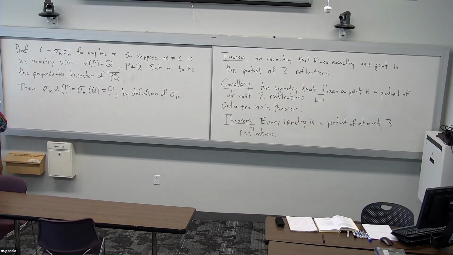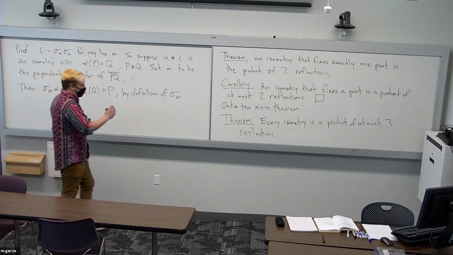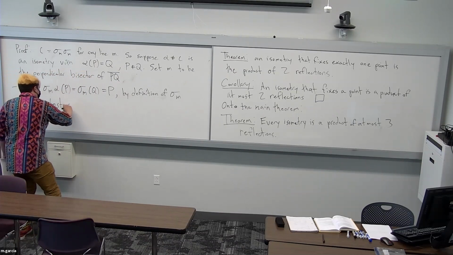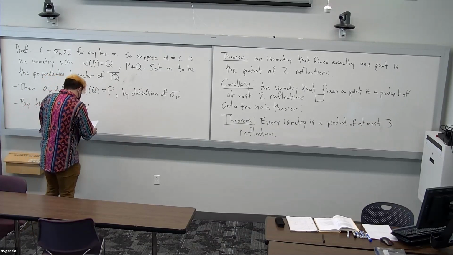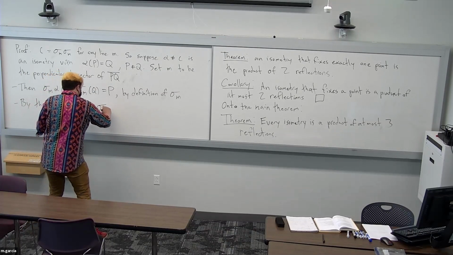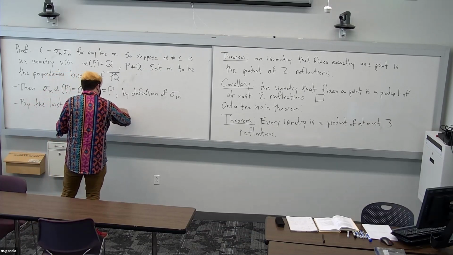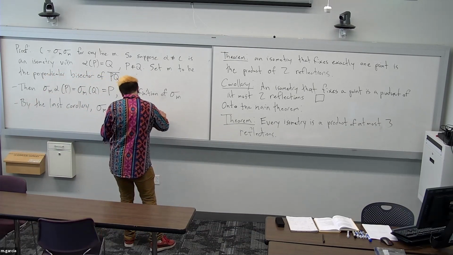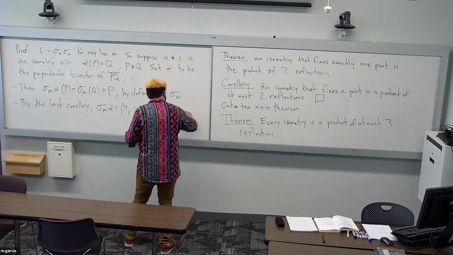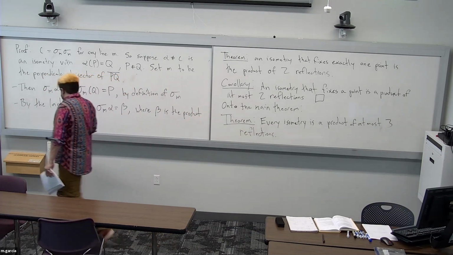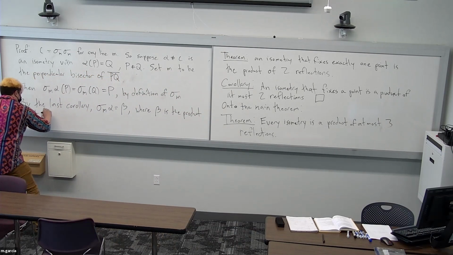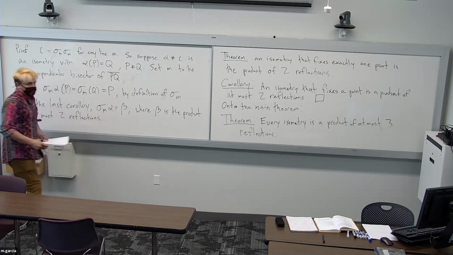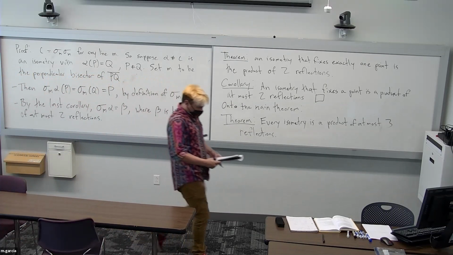So then, by the last corollary, sigma m alpha equals beta, where beta is the product of at most two reflections. That was our last corollary.